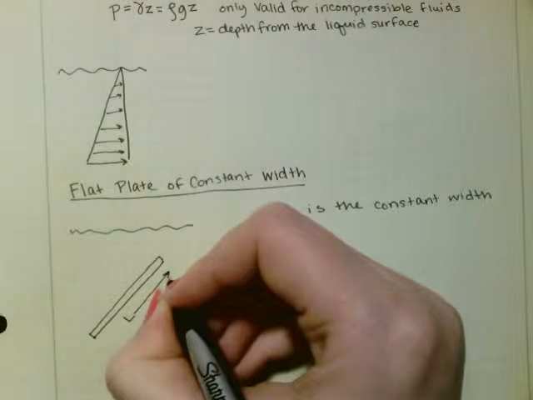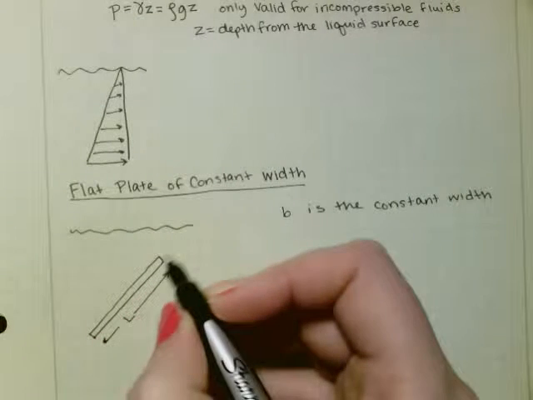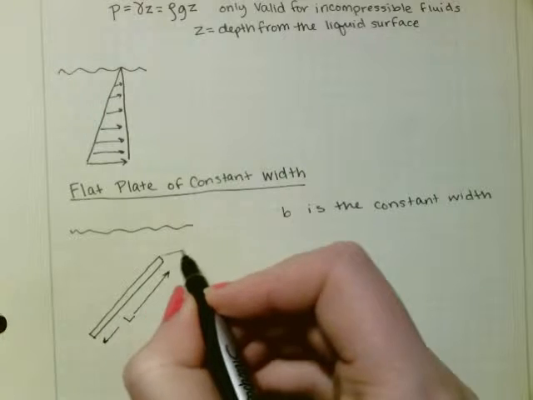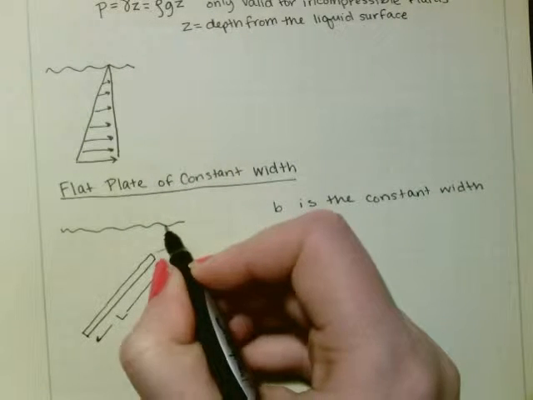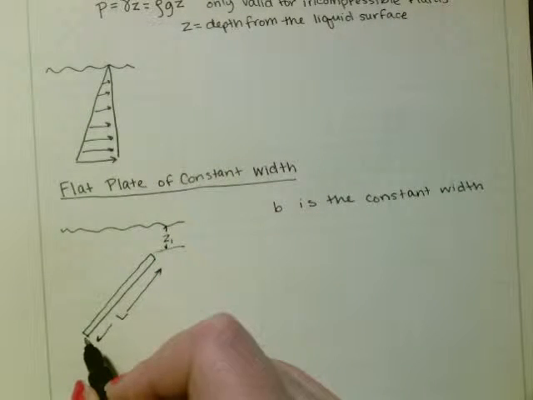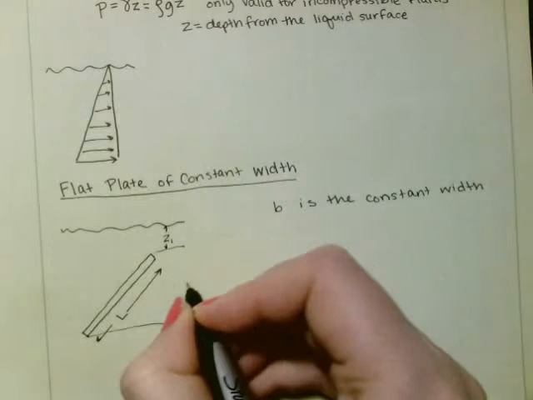It has a length of L. The depth of the top of the plate is Z1, and the depth of the bottom of the plate is Z2.